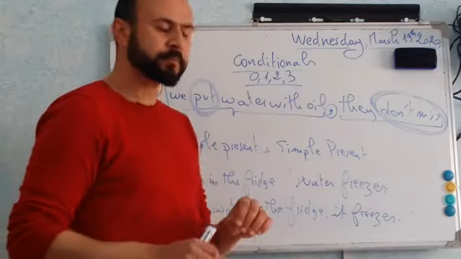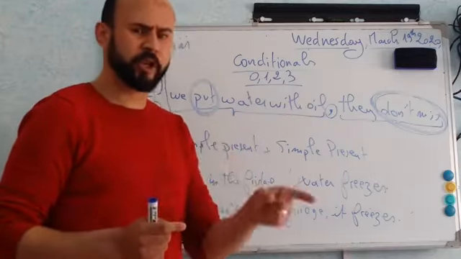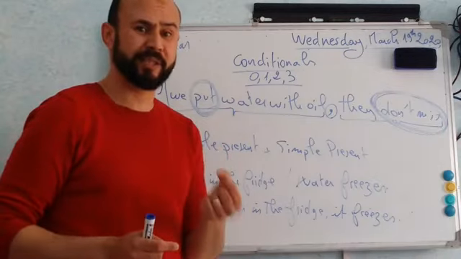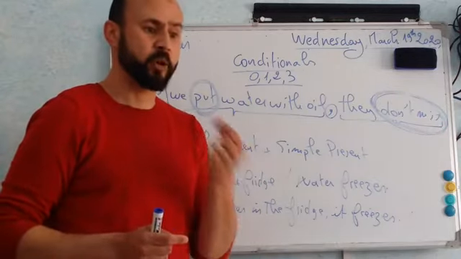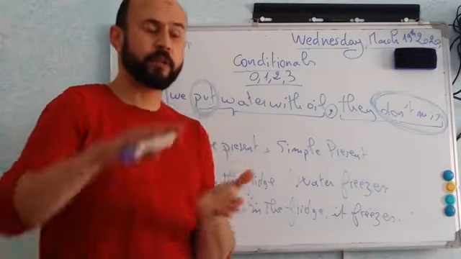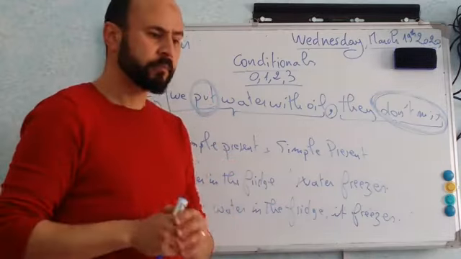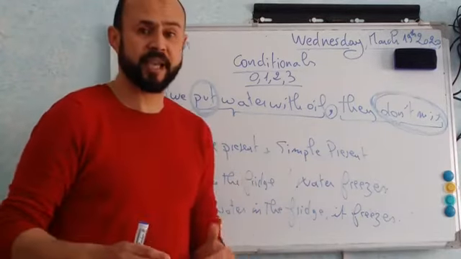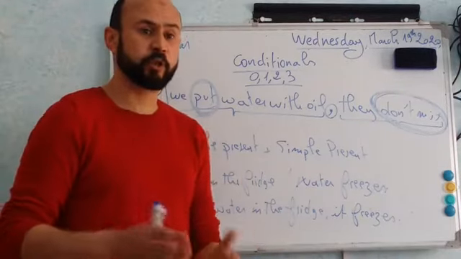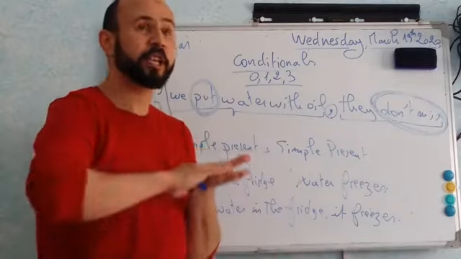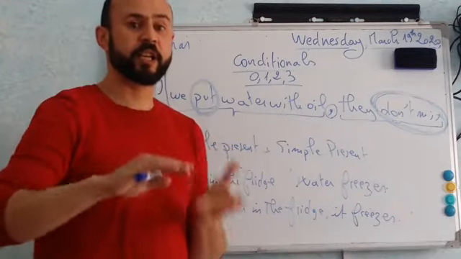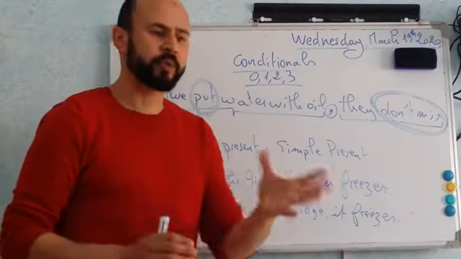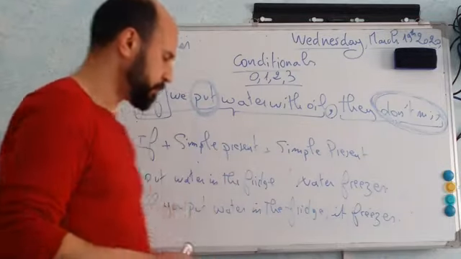It means if you put water with oil today, you will have the same result. Oil floats over water. If we heat water, it evaporates. If we do the experiment today, we have the same result. If we do it tomorrow, we will have the same result. So with general, scientific, fixed truths, we use the conditional type 0.